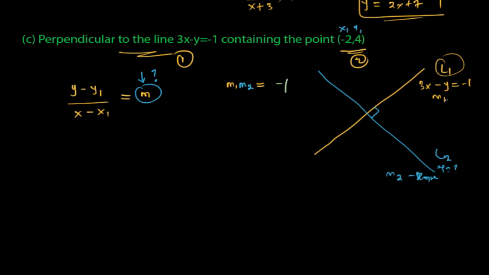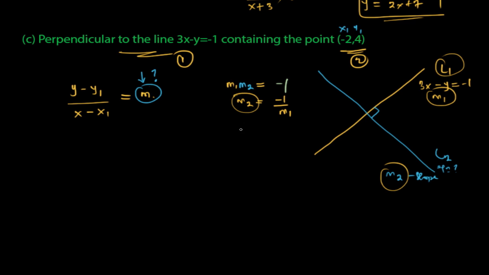So in other words, since I can find m1, to find m2, m2 is just going to be -1 divided by m1. That is, m2 is just the negative reciprocal of m1. So let me go ahead and find m1 so I can obtain m2. Then my m2 is going to be used in this equation here.